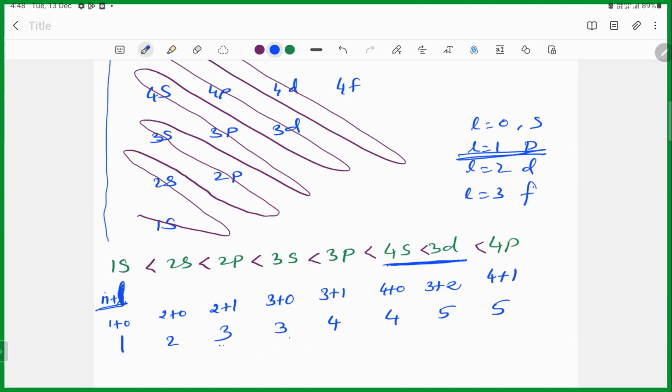What is the reason for this and this? They have the same energy, sir. So when you calculate n plus l, you are getting the same magnitude, right? And the magnitude is the same, so you can put the equal symbol, no? But we are filling the 2p orbital, then only we go to the 3s orbital. What may be the reason?